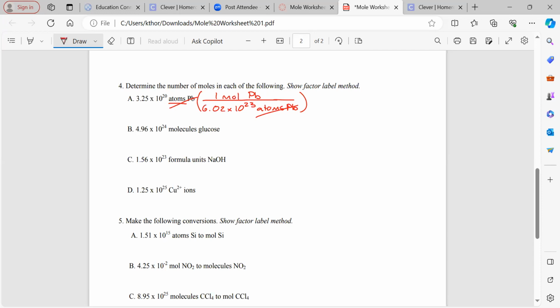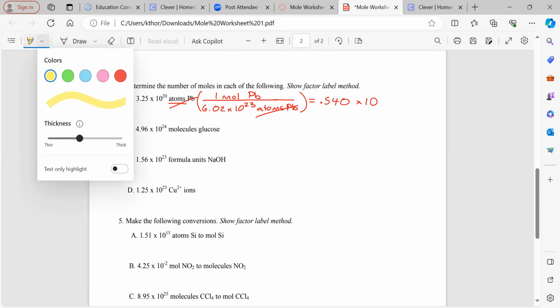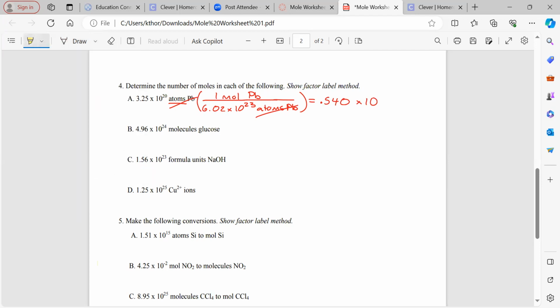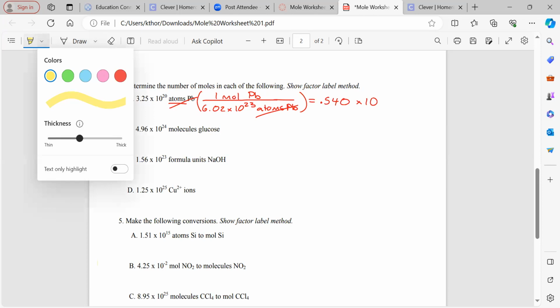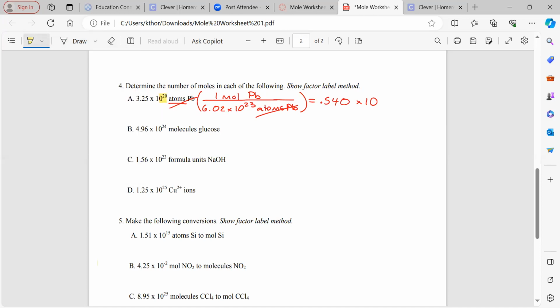My raw answer is 0.540 times 10. Now, this is way back in unit 1. When you are using scientific notation for multiplication, you add the exponents. But when you're doing division, you subtract them. So we have 20 and we have 23.